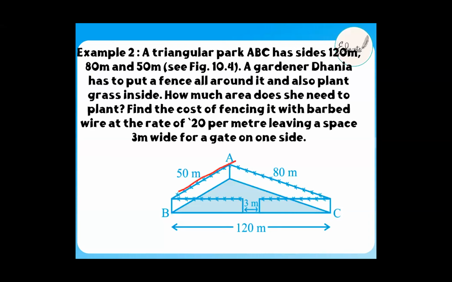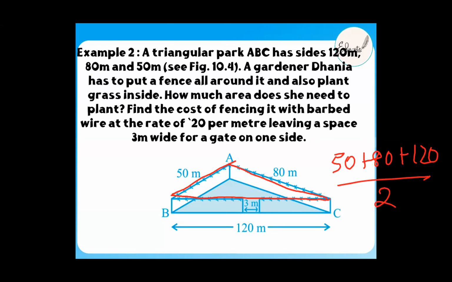Can you just tell me what is the perimeter of this? It is just 50 plus 80 plus 120, right? What is 50 plus 80 plus 120 divided by 2? That is your s. Please tell what s is equal to. What is 50 plus 80, beta?